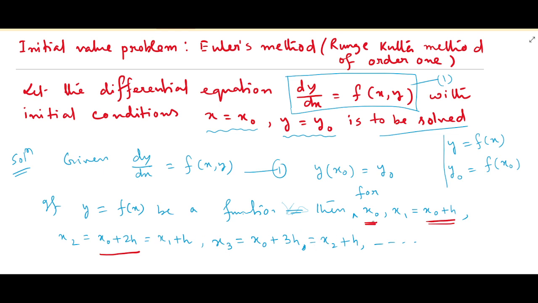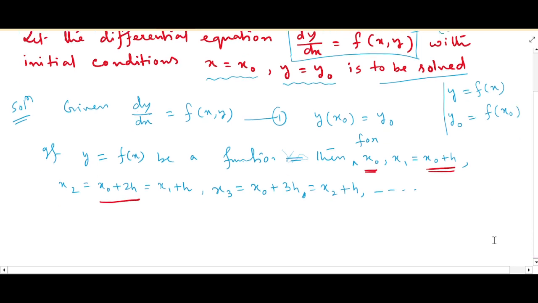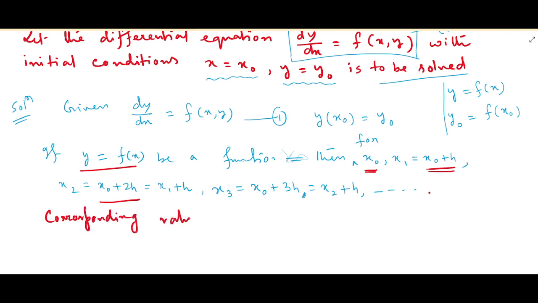Like this, we are taking equal values of x, and if we put these values in y equals f of x, the corresponding values of y are: for x naught we get y naught, for x1 we get y1, for x2 we get y2, then y3, and so on.